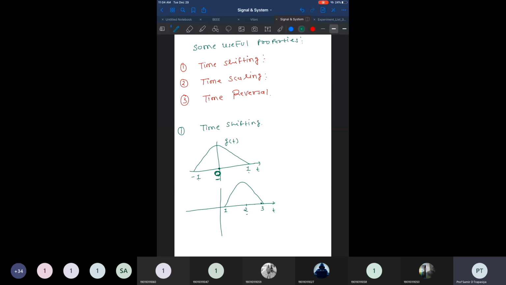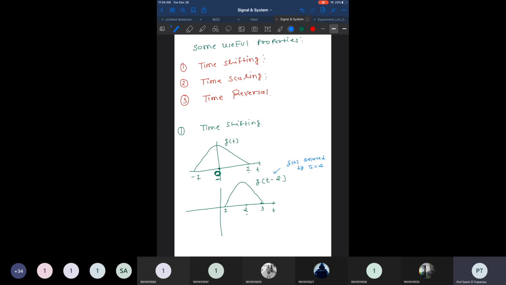So the signal g of t is delayed by some amount t0, which is equal to 2, and this is represented by the negative sign.